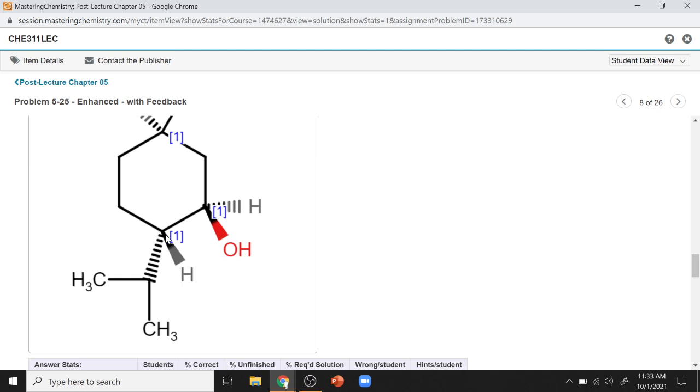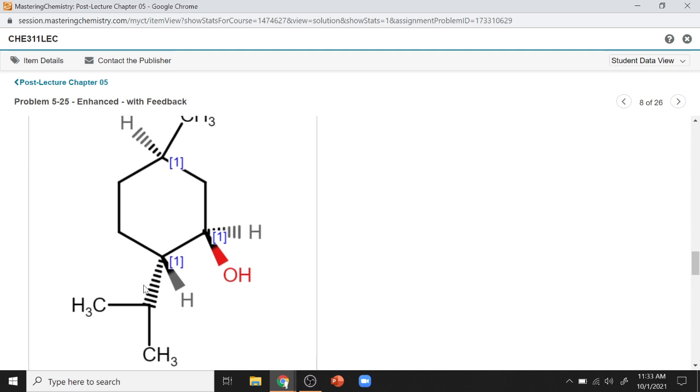Got it. And so they both have to be symmetric. Is that making sense for you so far? If you have two of the same group on them, automatically, achiral, symmetric.